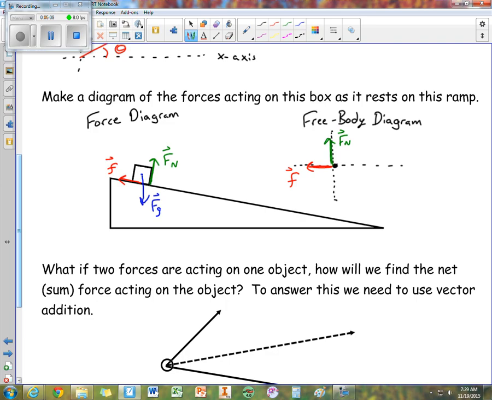Now, notice I've twisted my Cartesian coordinate system. So I would need to draw the gravitational force out at this angle. Now, what's really cool about this model is if we measure the angle of the ramp, that angle will be the same as the angle here between the negative y-axis and the gravitational force vector. So here we have the force diagram and the free body diagram.